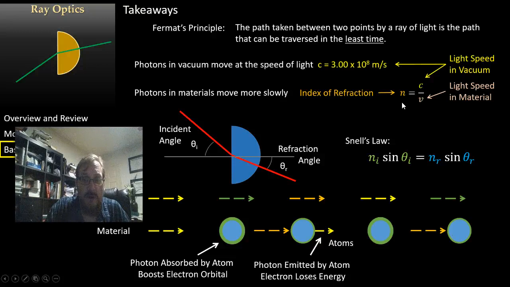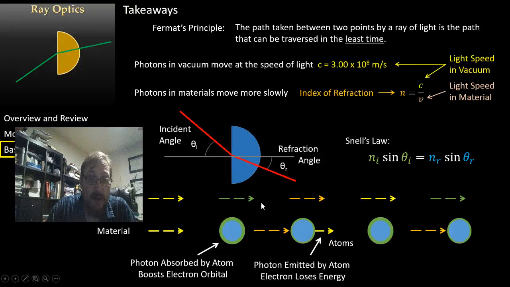You measure how much they've slowed down by the index of refraction, which is the ratio of c, the speed of light in vacuum, to the speed of light in the material, which means that this is actually how much faster the light would be in vacuum than it is in the material you're looking at. And this number has to be greater than 1. Fairly nice. So we've seen that.